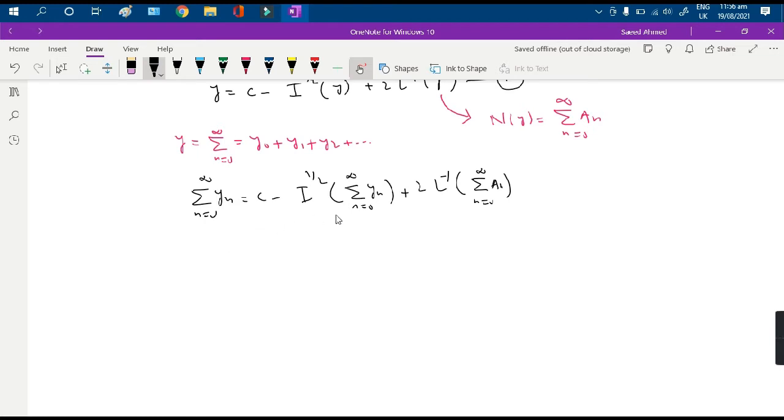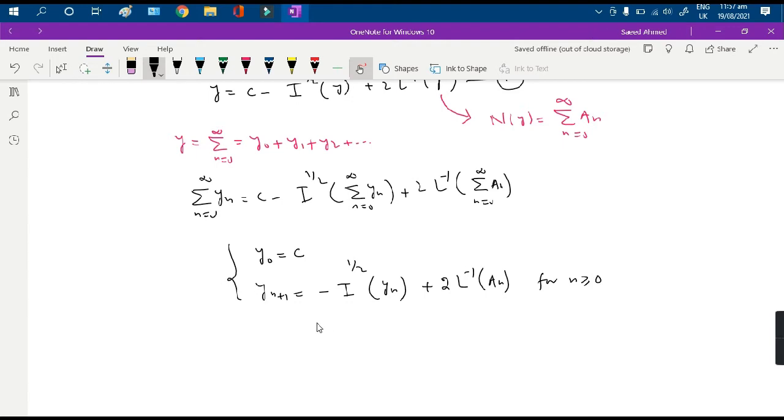Picking the same terms from this series, we get a recurrence relation: y0 is equal to c, and y_(n+1) is equal to minus the integral of order 1/2 of y_n plus 2 times L inverse of A_n, for n greater than or equal to 0. This is our recurrence relation.